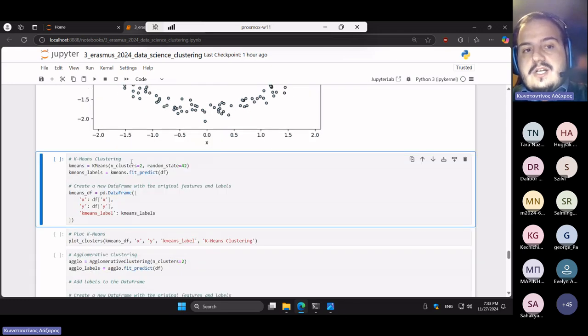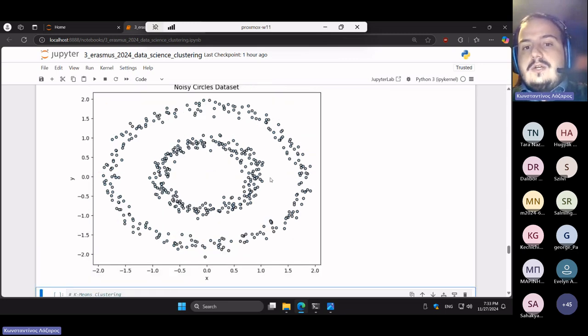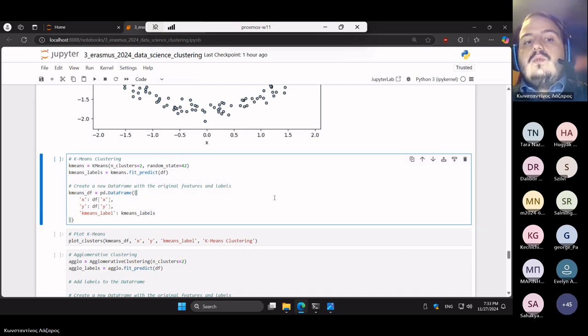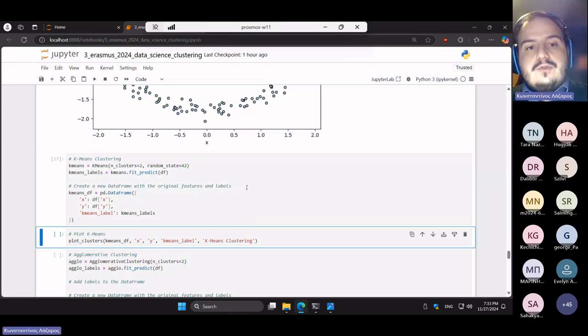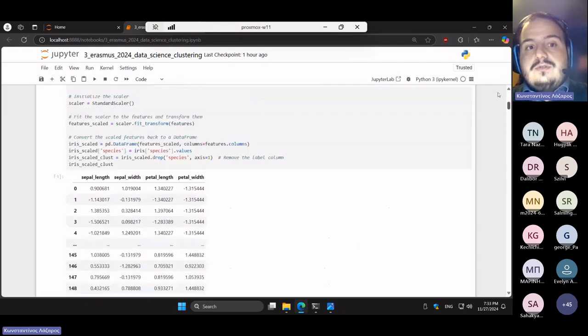So let's check what would happen with k-means. We've said that we would expect to have 2 clusters just by looking at the data set. So let's check out what would happen with a k of 2, right? So again, we run the clustering that we want to do. And then, of course, we're using the plot clusters function, which we have as a homemade function right up here.